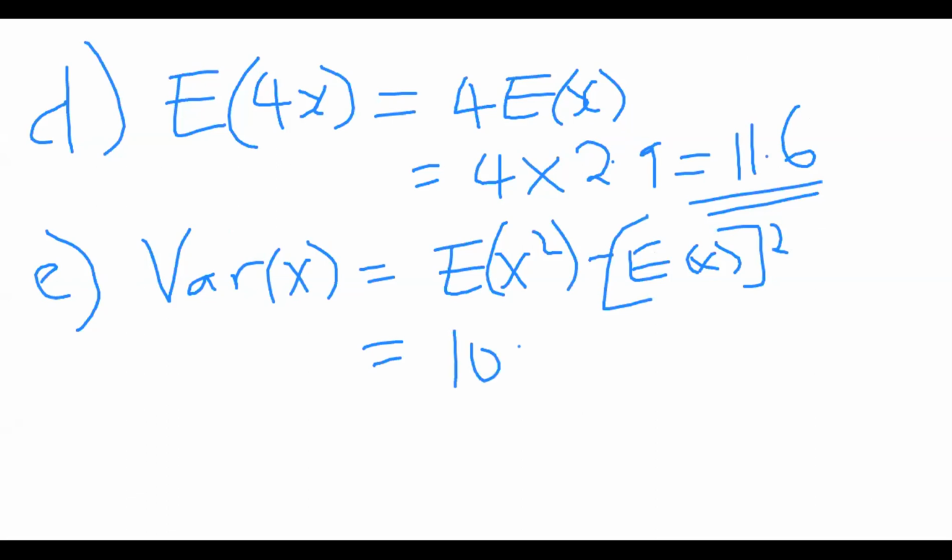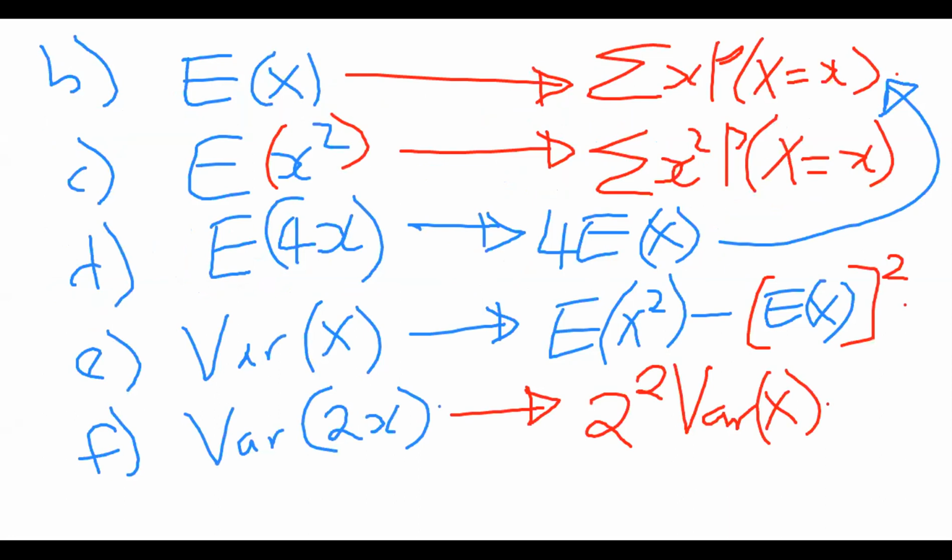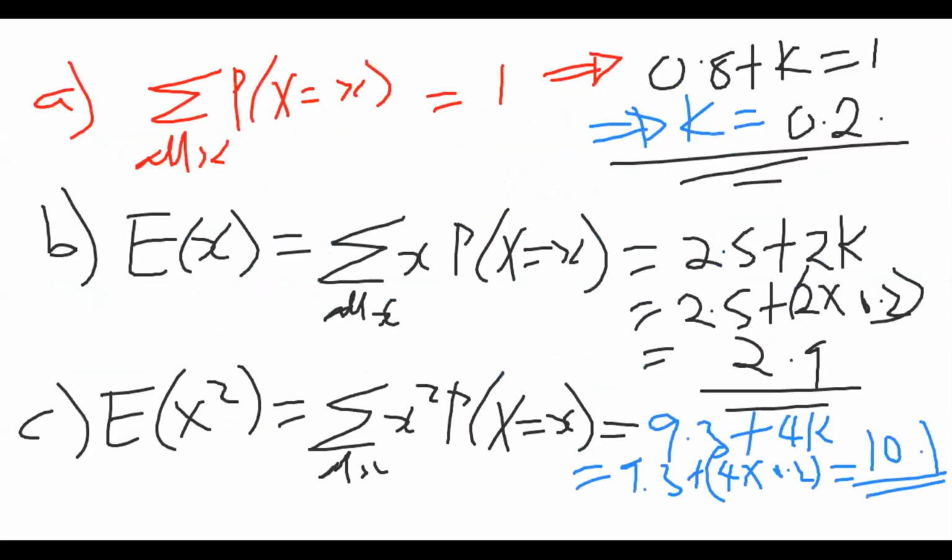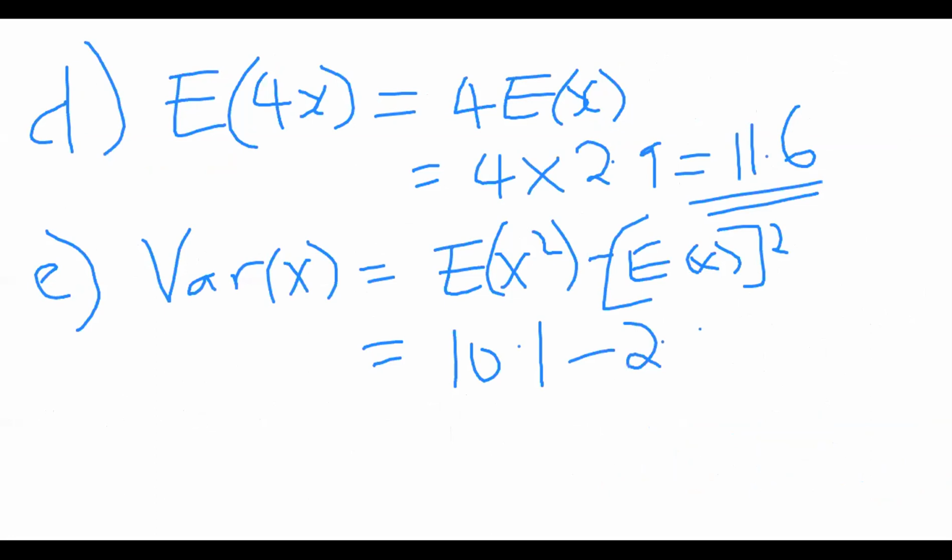Then minus expectation of x, we got as 2.9. So get 2.9 squared, which is 8.41. So the final answer will be 1.69.